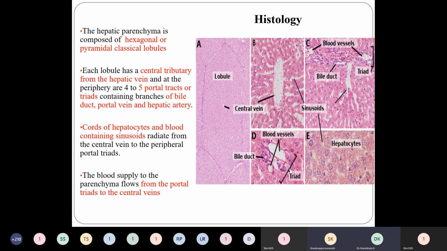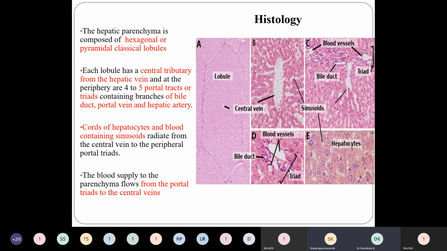They're also called triads, which are composed of bile duct, portal vein, and hepatic artery. Cords of hepatocytes and the blood-containing sinusoids radiate from the central vein to the peripheral portal triads, and the blood supply to the parenchyma flows from the portal triads to the central veins.